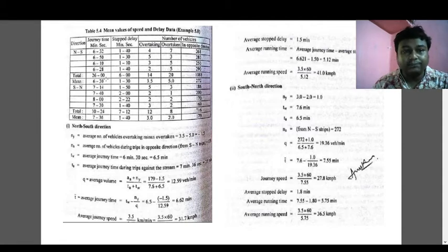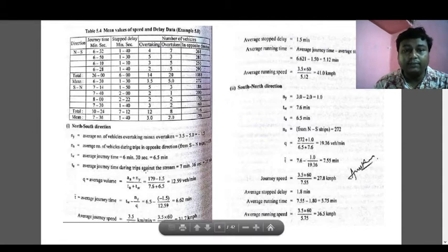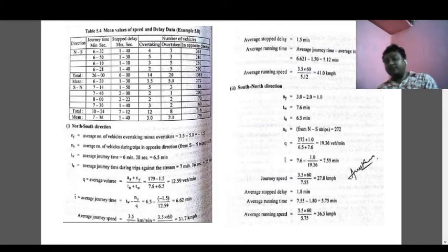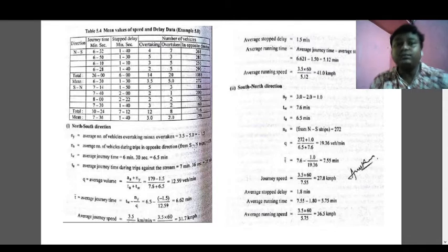Next is the average journey time during the trip against the stream. So again we move to the opposite stream. In the opposite stream the journey time is 7 minutes 30 seconds. Another trick is there. Don't be confused: 7 minutes 30 seconds doesn't mean 7.30 minutes.